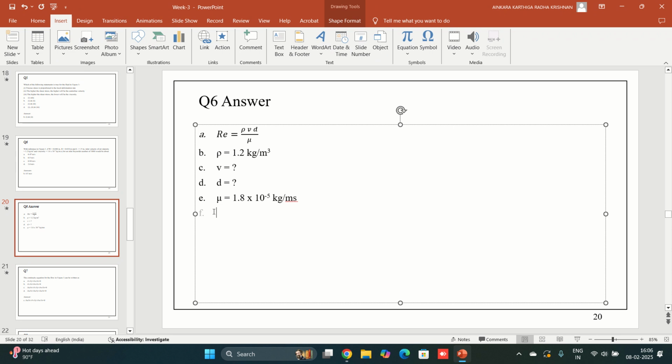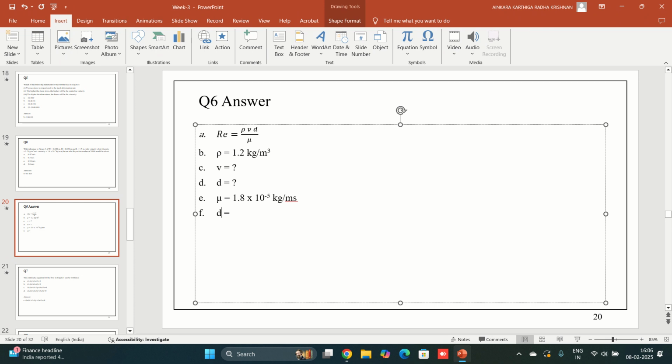Here it is a rectangular cross-sectional channel, a rectangular duct, so D is not explicitly given. So how do we find D, that is the diameter of the channel? For that we use the hydraulic diameter.